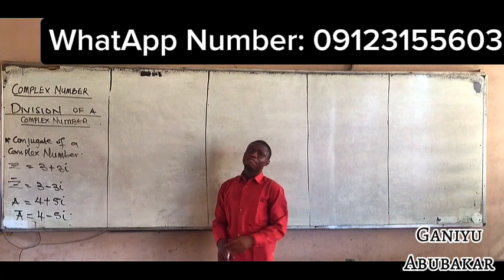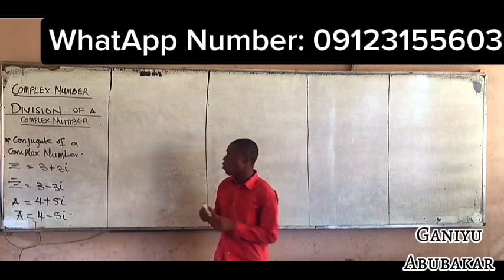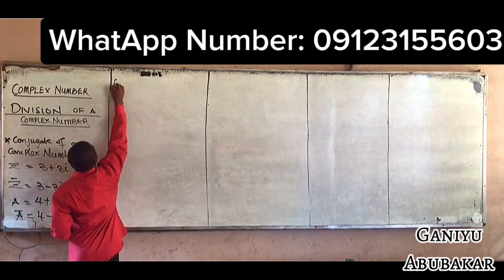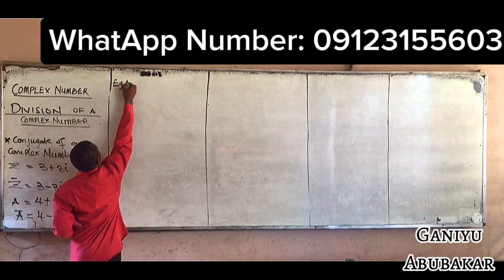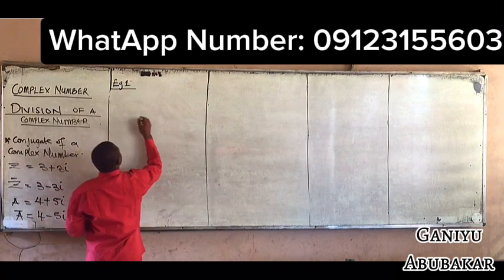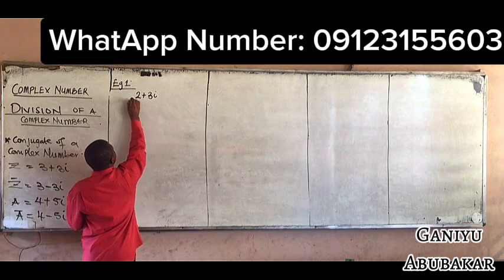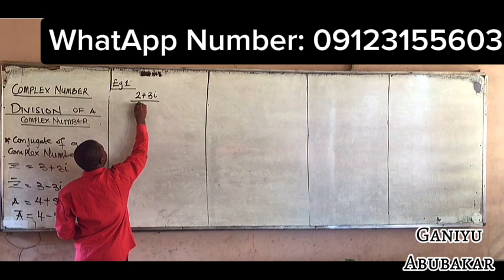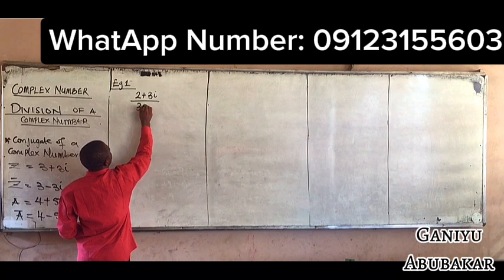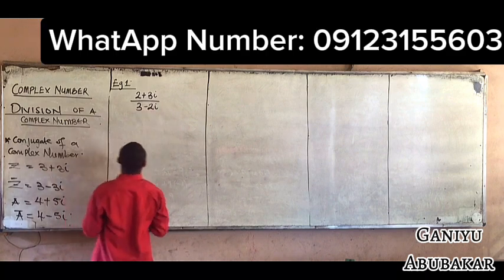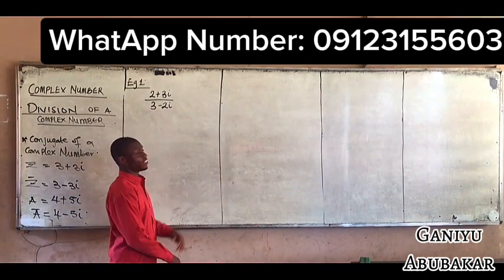Alright, let's now divide complex numbers. Example 1. If I have 2 plus 3i dividing, let's say, 3 minus 2i perhaps. Alright, how do you divide this?